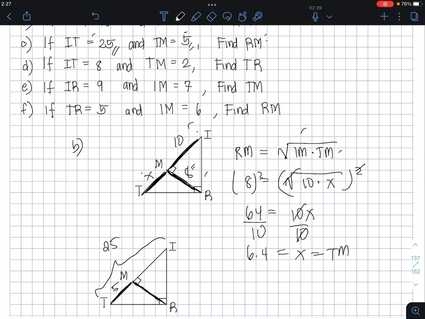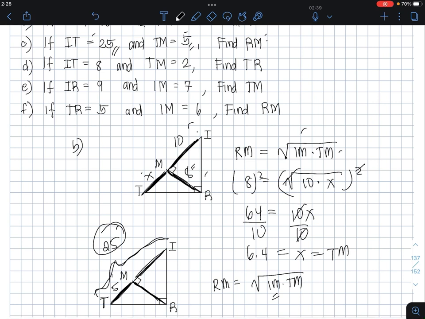So, pwede ulit natin gamitin yung RM is equal to square root ng IM times TM. Yun nga lang, wala tayong IM this time. Right? Pero, pwede nating makuha yon kasi given naman yung whole length nitong TI, yung hypotenuse, which is 25, tsaka itong TM. Bale, itong IM is, pag sinubtract natin itong 25 minus 5, equal siya doon. Right?